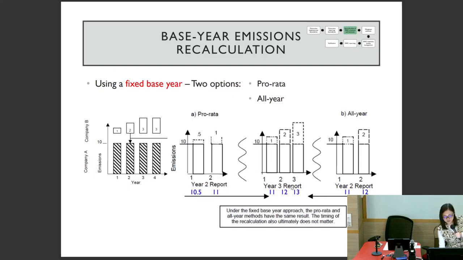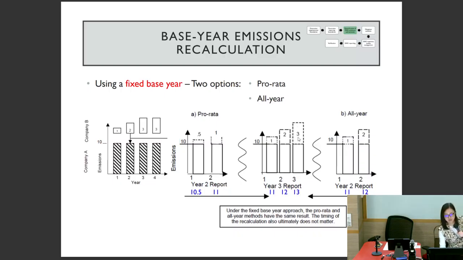For the year 3 report, in year 3, company A will wholly own company B from the first day of the year to the last day of the year. So in year 3, company A should be responsible for 100% of the emissions, right? Then in the year 3 report, the total emissions should be 10 plus 3, 100%, because company A owns company B for the whole year.